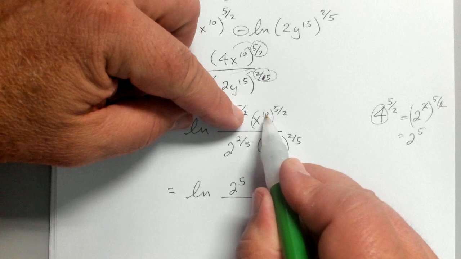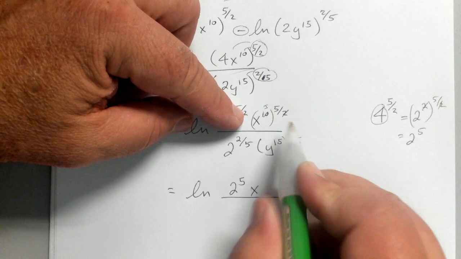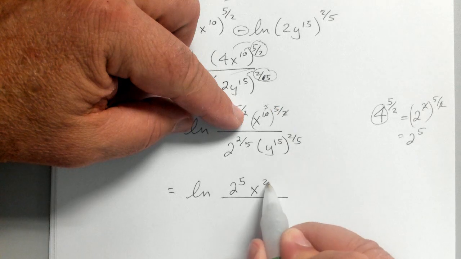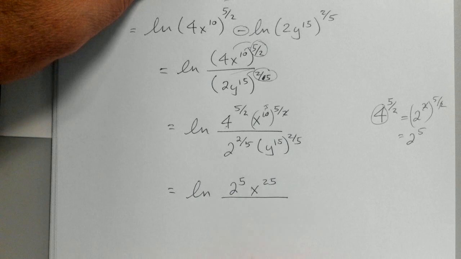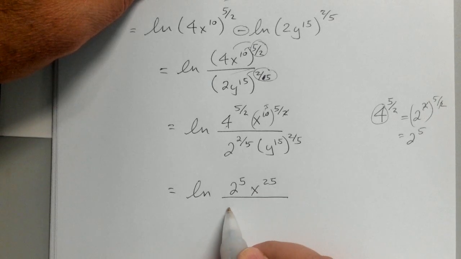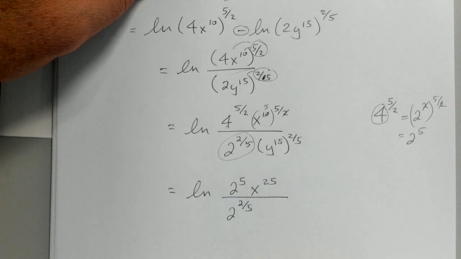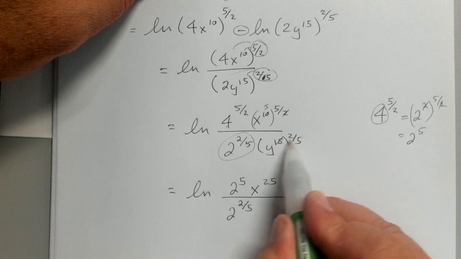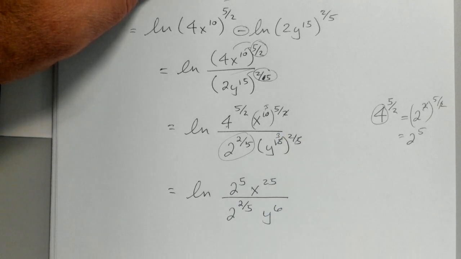Multiply the exponents, so 10 divided by 2 is 5, and 5 times 5 is 25. This one we can't do anything with. 15 divided by 5 is 3, and 3 times 2 is 6.